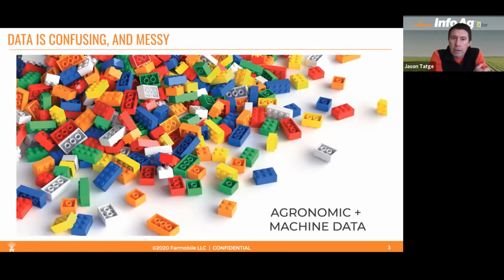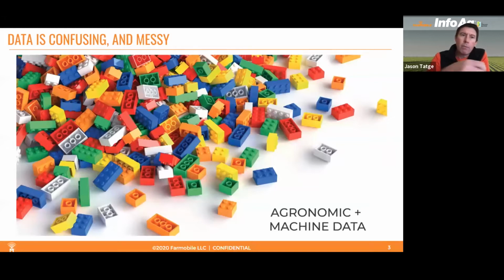If you look at all these little Legos, we all remember Legos. So you've got all this different data. You've got planting data, you've got harvest data, you've got fertility data, you've got crop protection data, and you've got just this mess of different data sets sitting out there that we're trying to organize.